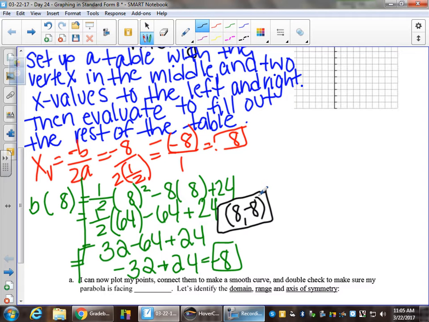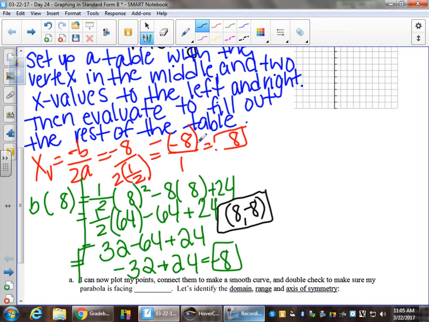What are your questions about this? So the first thing, do we remember how to calculate vertex given standard form? No. You do -b over 2a, calculate that out. Guys, can you stop talking over me so I can answer people's questions?